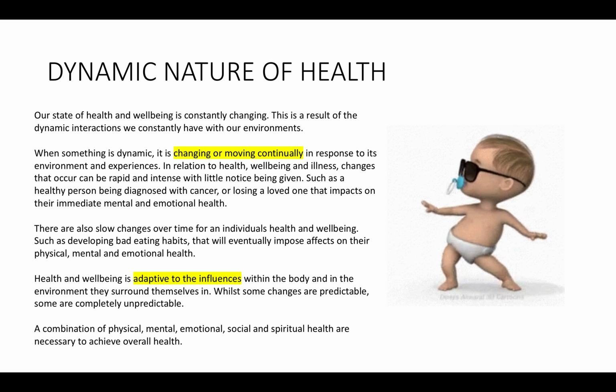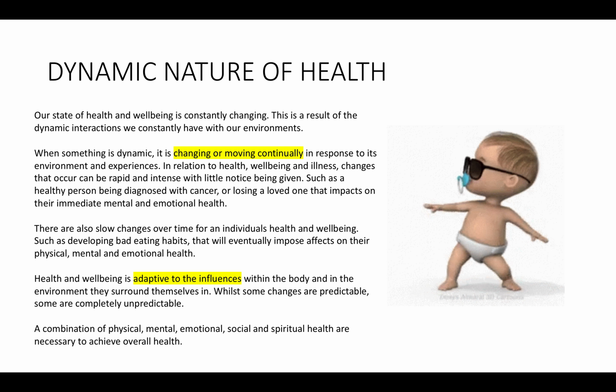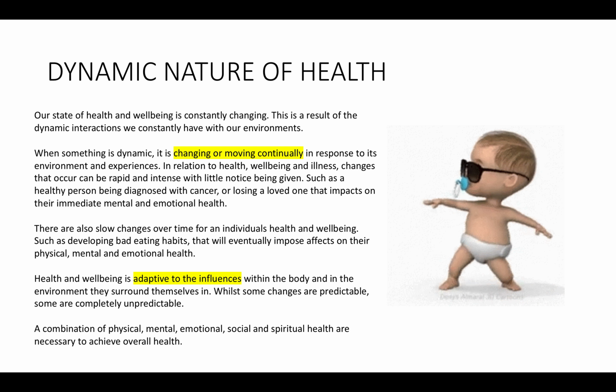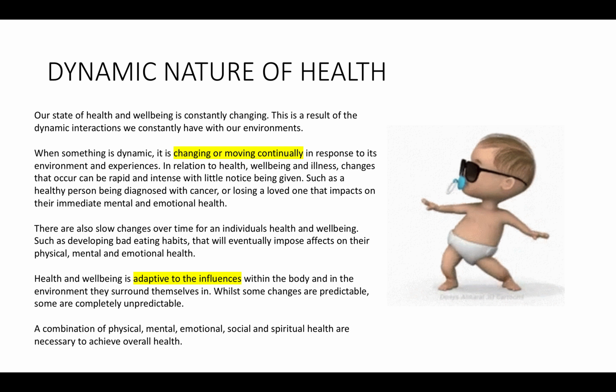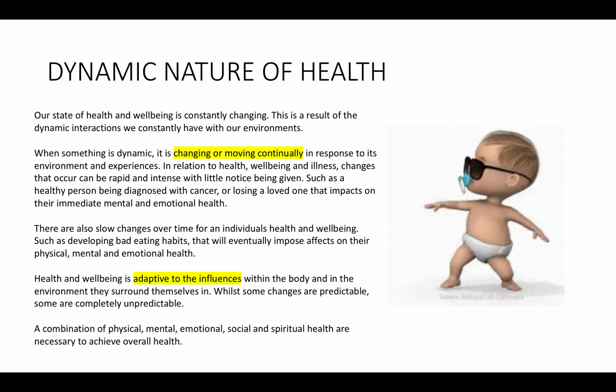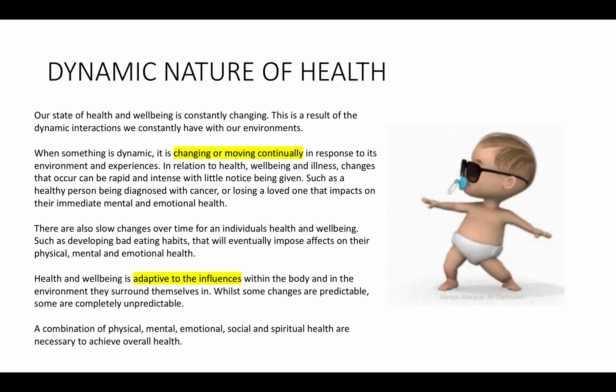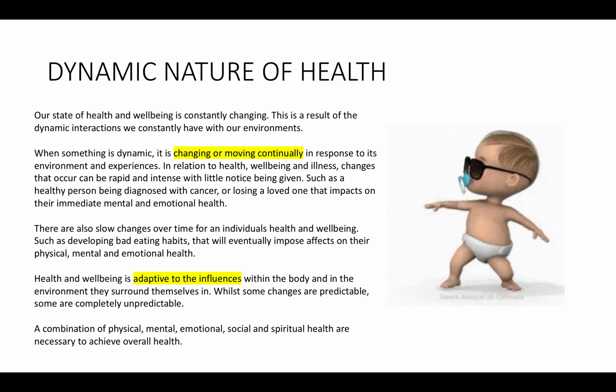But other particular slow changes that you might look at is something like developing bad eating habits that will eventually impose effects on their physical, mental, and emotional health, because if they're slowly developing poor eating habits, it's going to impinge on their ability to exercise, which will then impact on their mental health if they're not physically fit, which then highlights this domino effect of health.